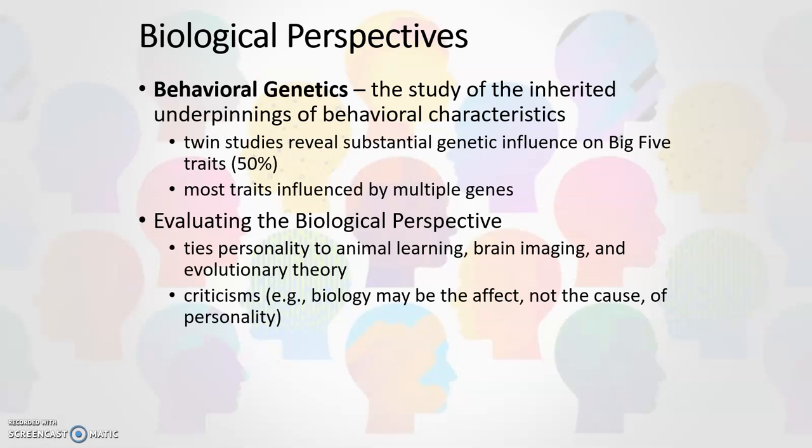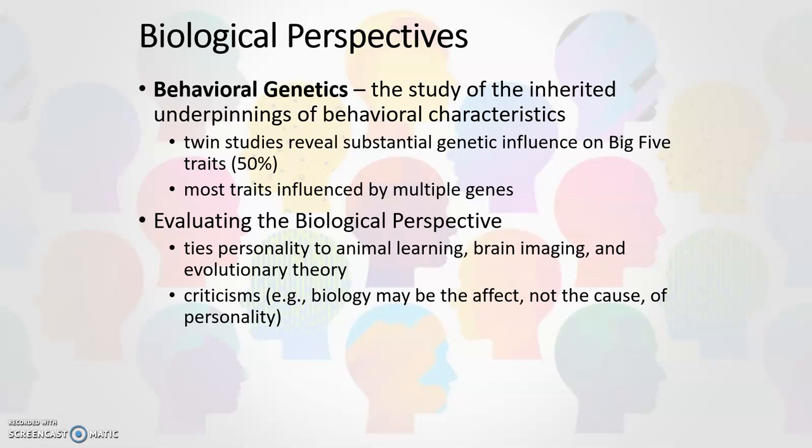Behavioral genetics is the study of inherited underpinnings of the behavioral characteristics. There are twin studies that reveal that there are genetic influences on the big 5 traits, which we will go into. However, we find that most traits are influenced by multiple genes.